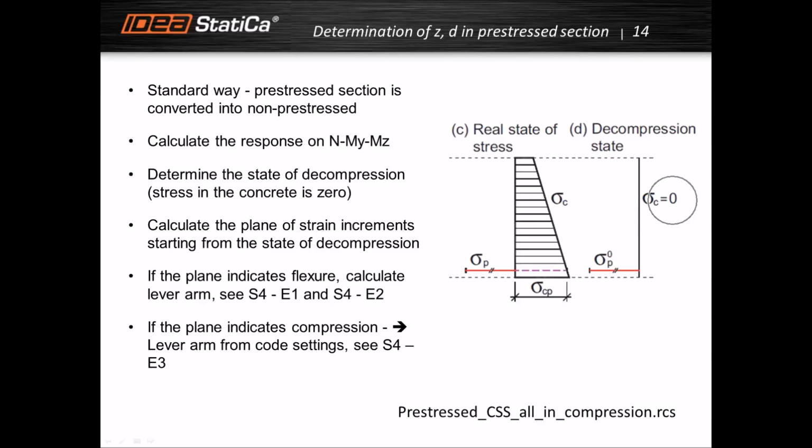This is the state where we have sigma C, stress in concrete, equal to 0. It is a theoretical case, which in a statically indeterminate structure you would hardly get, but in an approximate way or with some simplifications we can calculate it. Then we calculate the plane of strain increments.